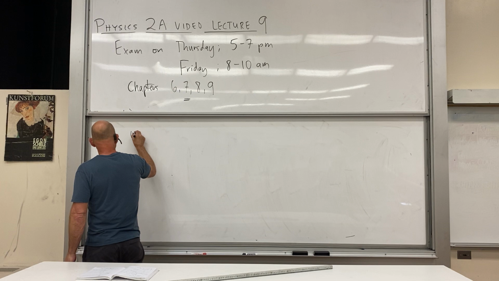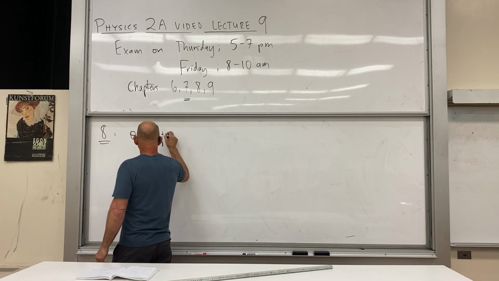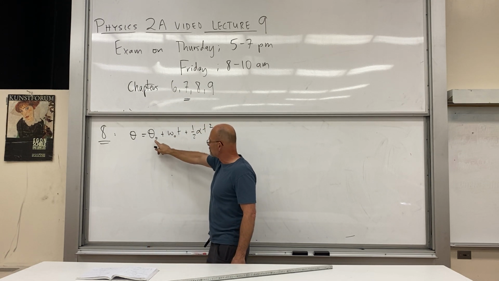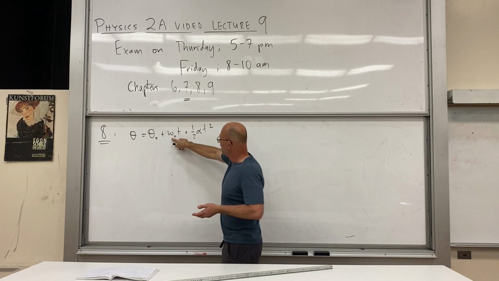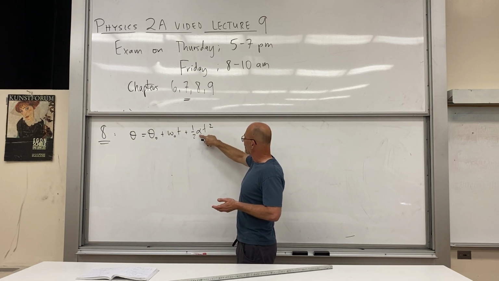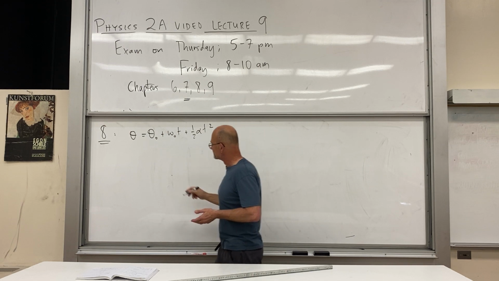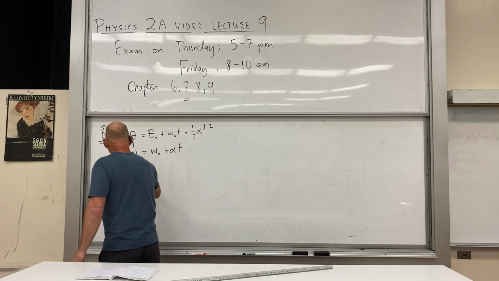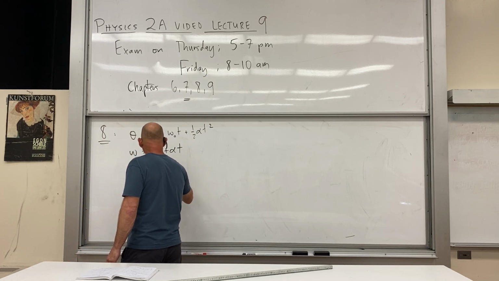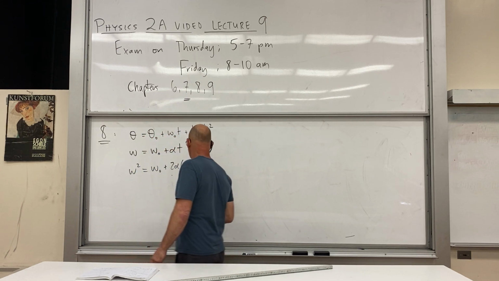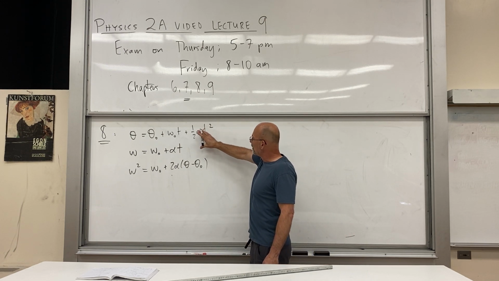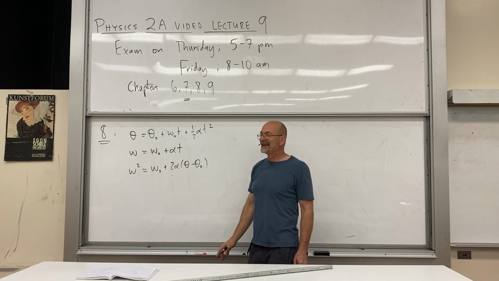So I'll just remind us, we have theta, where this is an initial angle for the position, the initial angular velocity, the angular acceleration. So these kinematic formulas can come in handy if you're just wanting to do a problem of rotational motion.